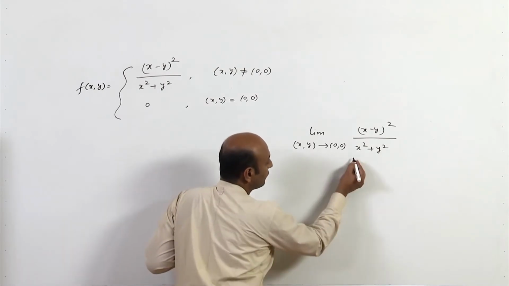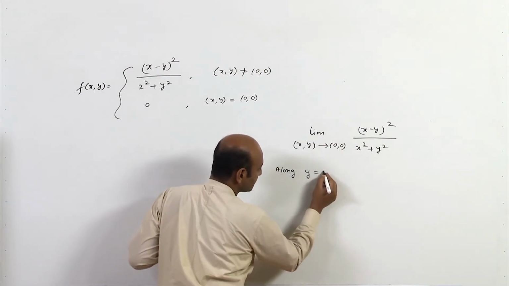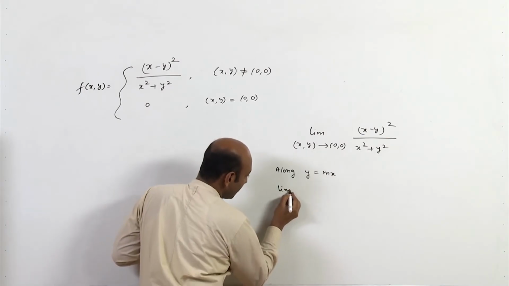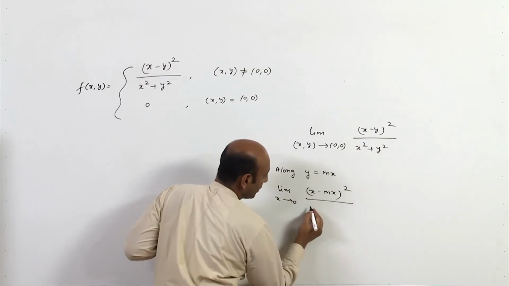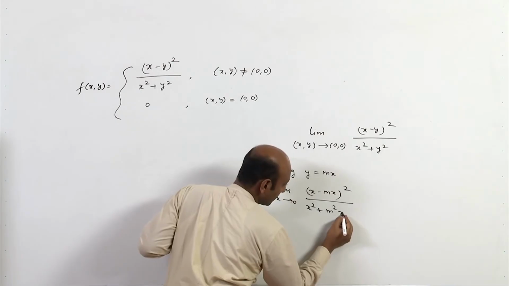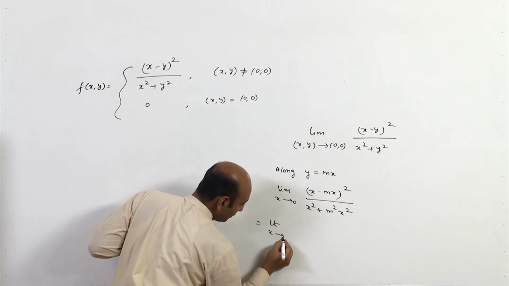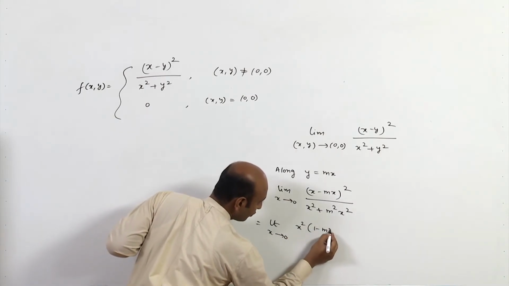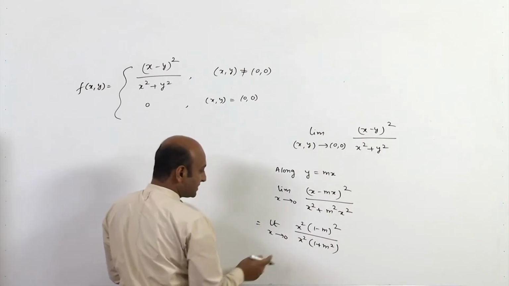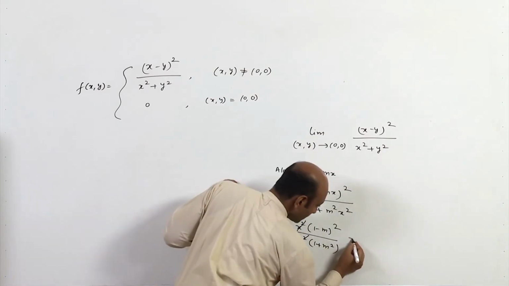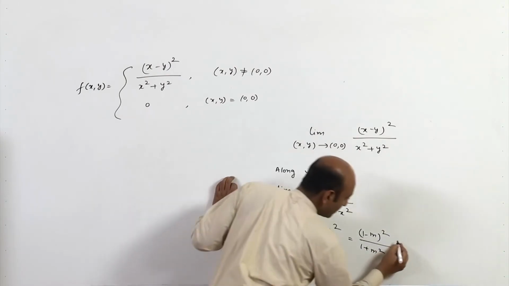So if we move along, say, y equals mx, then this is the limit as x tends to 0 of (x minus mx) whole squared upon x squared plus m squared x squared, which is further equal to the limit as x tends to 0 of x squared (1 minus m) whole squared upon x squared (1 plus m squared). As x tends to 0, this cancels out, and this is equal to (1 minus m) whole squared upon 1 plus m squared, that is, it depends on m.